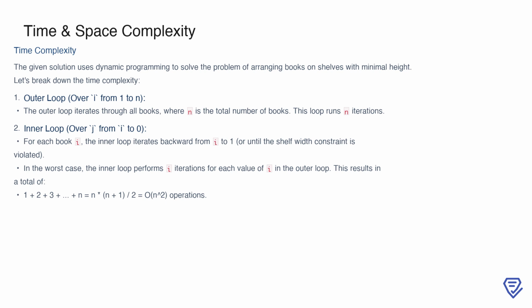In the worst-case scenario, the inner loop runs i times for each iteration of the outer loop. This means that the total number of iterations across both loops is the sum of integers from 1 to n, which gives us n(n+1)/2. Simplifying this, we find the dominant term is n squared, so the overall time complexity is O(n^2).